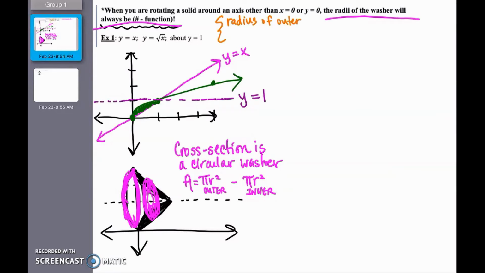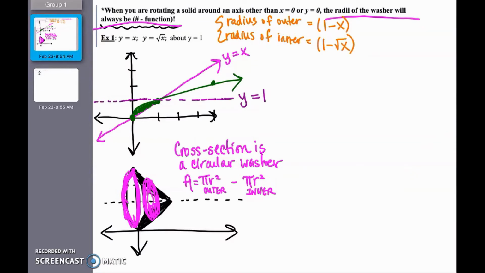The radius of my outer is going to be equal to 1, because that's the center, minus the outer function, which in this case is y equals x. So 1 minus x, that's the radius of my outer function. And then the radius of the inner is going to be equal to 1 minus my inner function, which is the square root of x, the curved part.